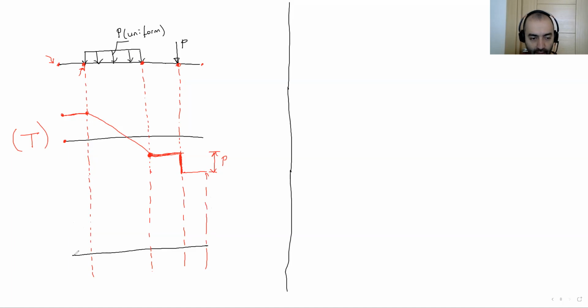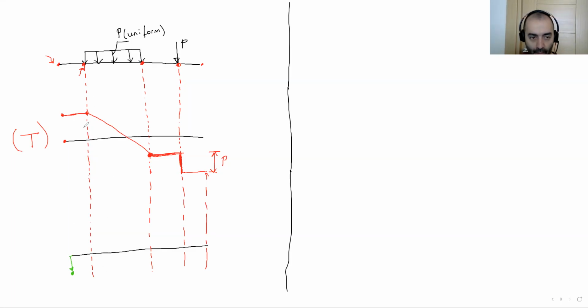At this point, let's say I have a start moment here. We don't know this one, this is not important for us at the moment. How can we go to the moment diagram from the shear force diagram? We're gonna calculate the area and add this part.